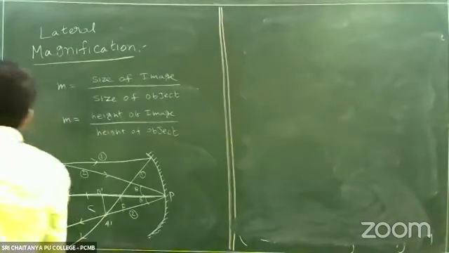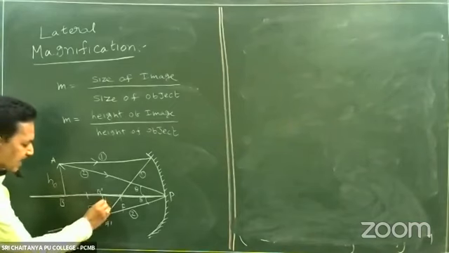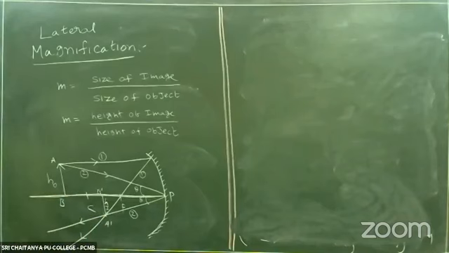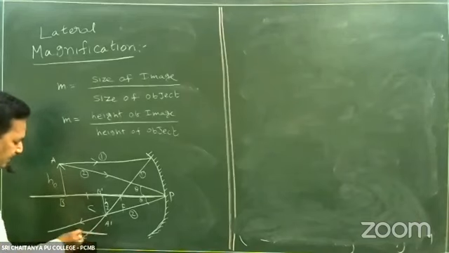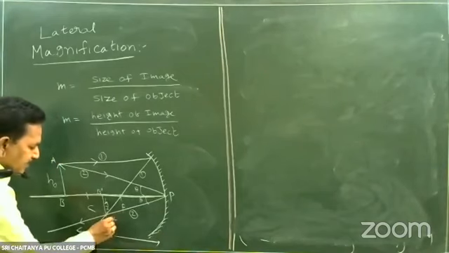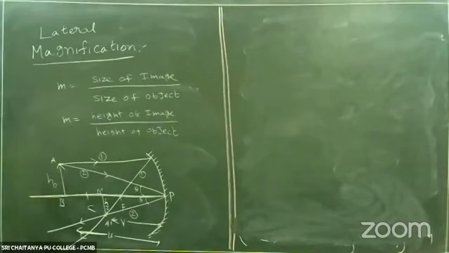Suppose the height of the object is HO, the height of the image is HI, the object distance is U, and the image distance is V. In ray optics, we have to draw the diagram simultaneously along with the teacher. After completion, we don't know where we started.